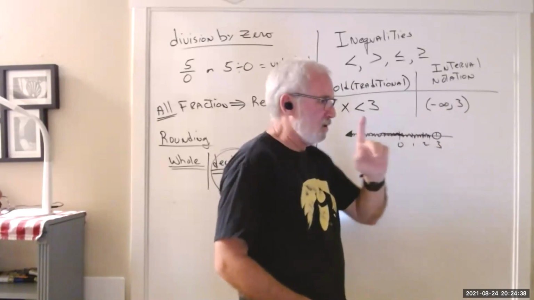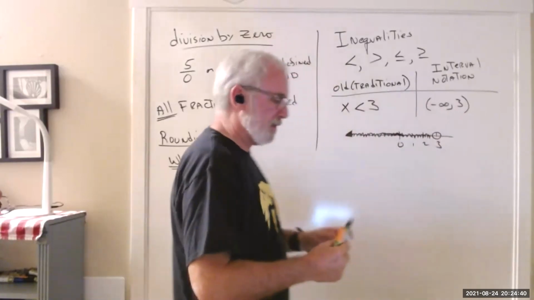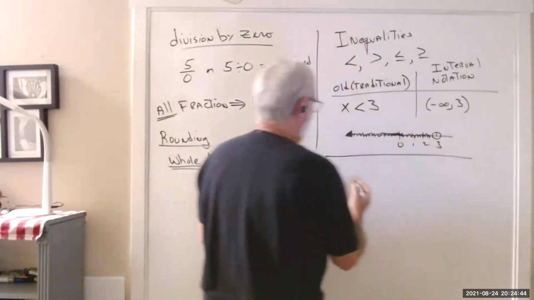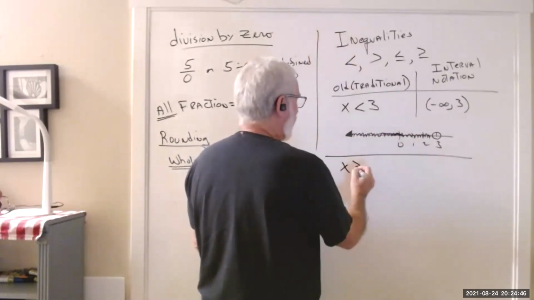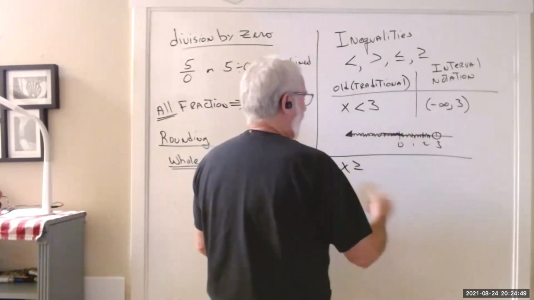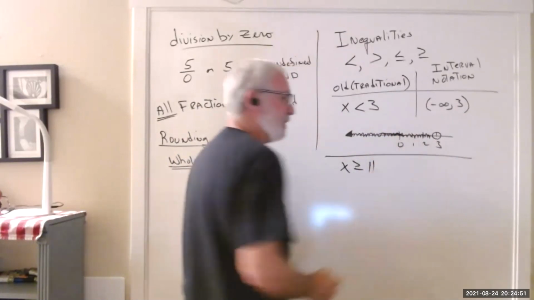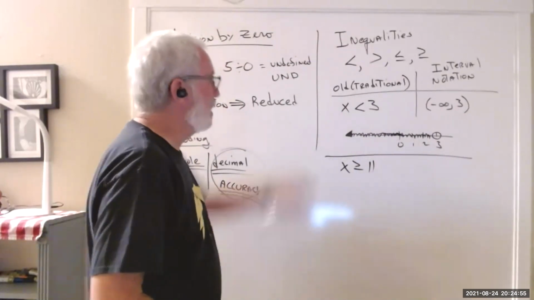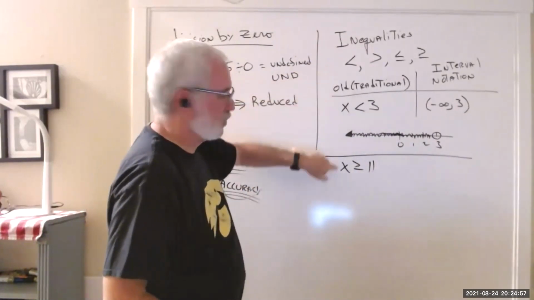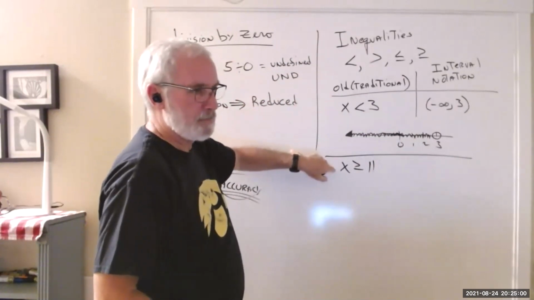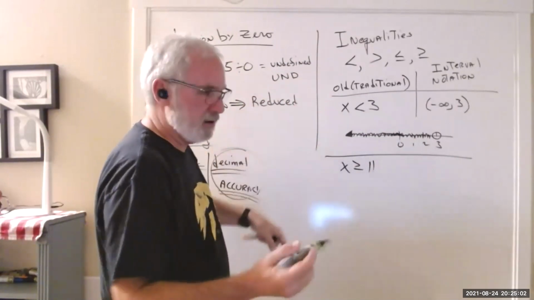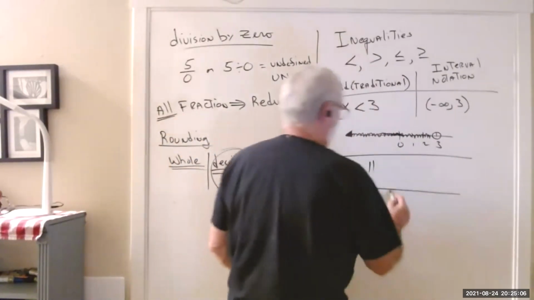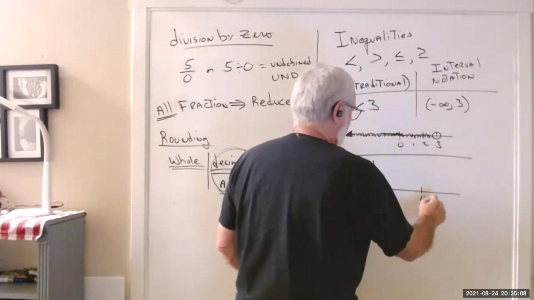Let me do one more, and then let me open it up to some examples or some questions. Suppose you had x is greater than or equal to, I don't know, 11, something like that. Okay, this is called the old traditional way. I'm going to give it a better name in a minute, but if you graphed that, here's 0, here's 11.